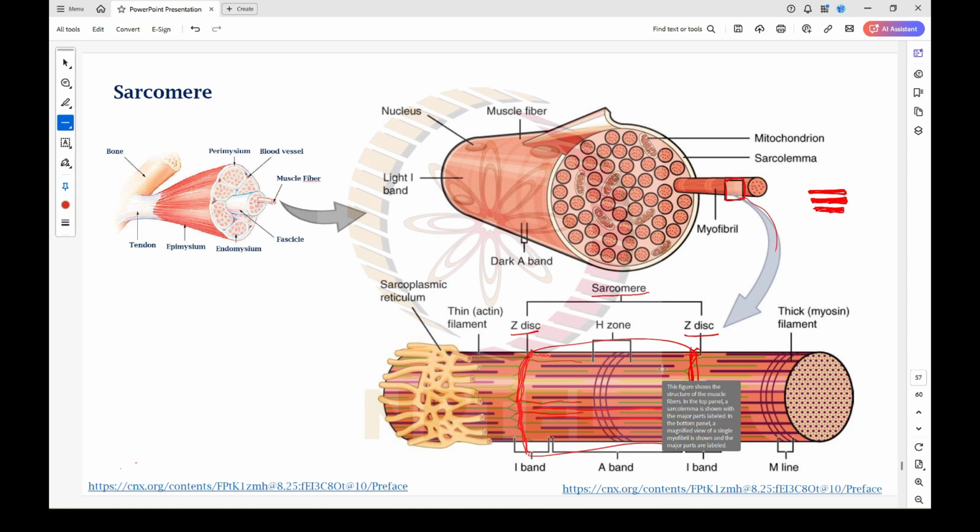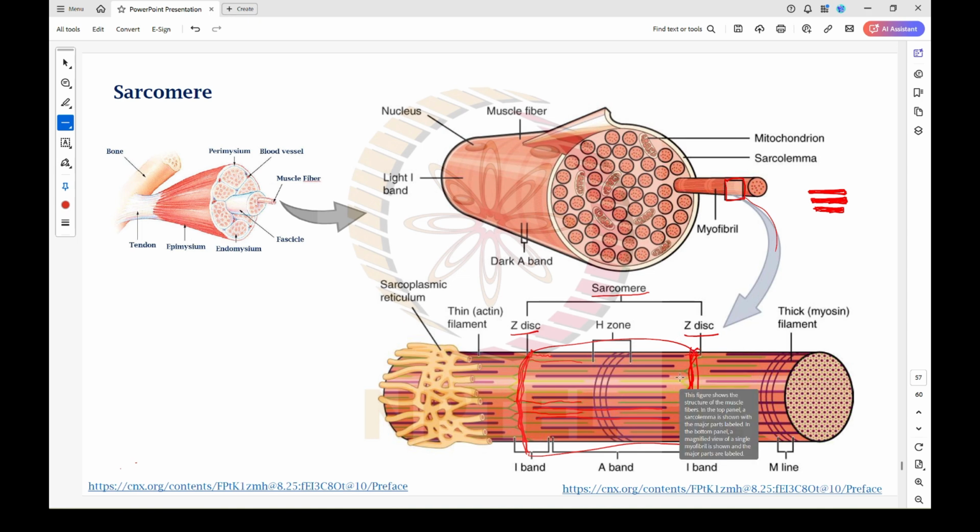The muscle fibers have alternating thick and thin bands. The thick band is rich in myosin, whereas the thin bands are rich in actin. These actin filaments are connected to the Z disc through titin proteins.